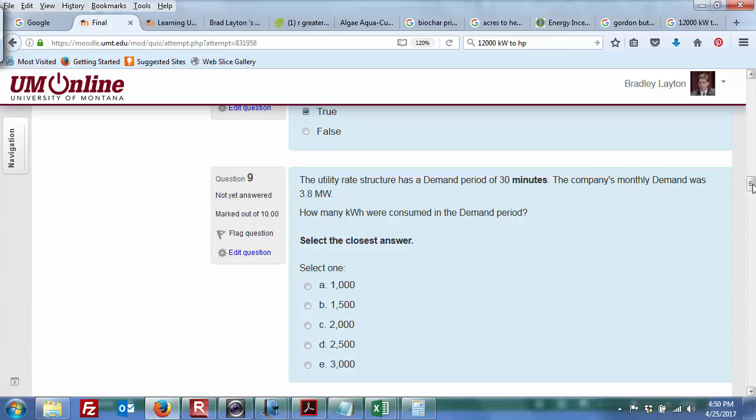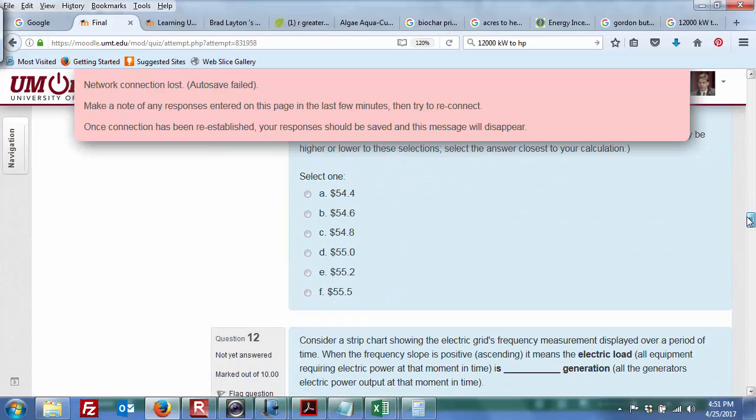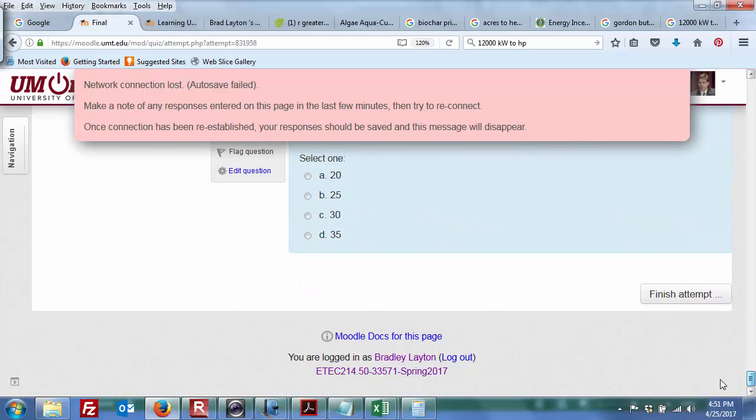Utility rate, monthly demand was 3.8 megawatts. Oh, wait, hang on. We have to save.